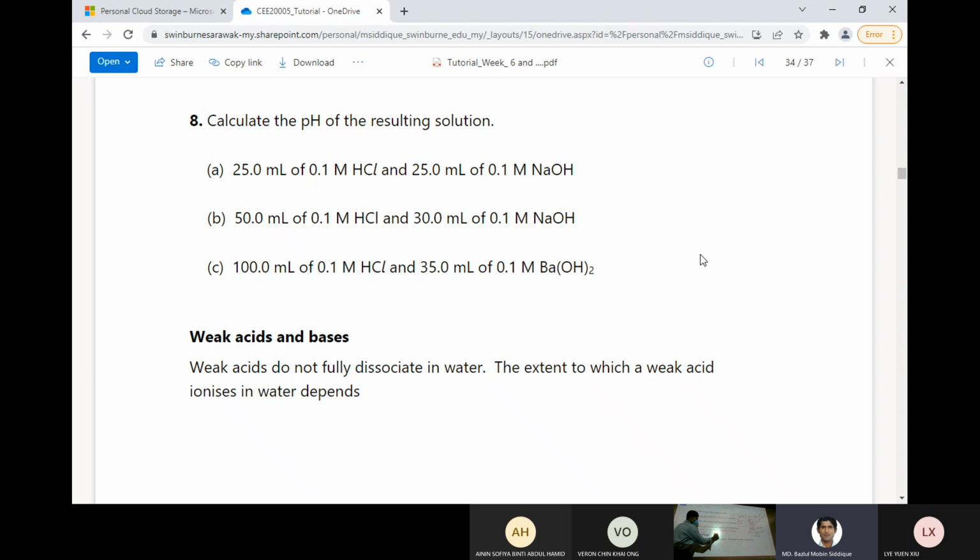So this amount will take double of this. One is taking 2, so 3.5 times 10 negative third will take 7 times 10 negative third of HCl out of this 0.01.